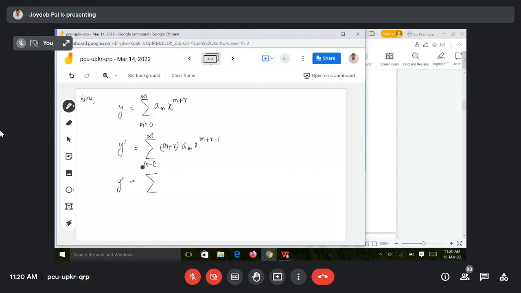Next, y double dash. So differentiate the general term: (m plus r) x to the power m plus r minus 1 differentiates to (m plus r)(m plus r minus 1) x to the power m plus r minus 2, right? This.